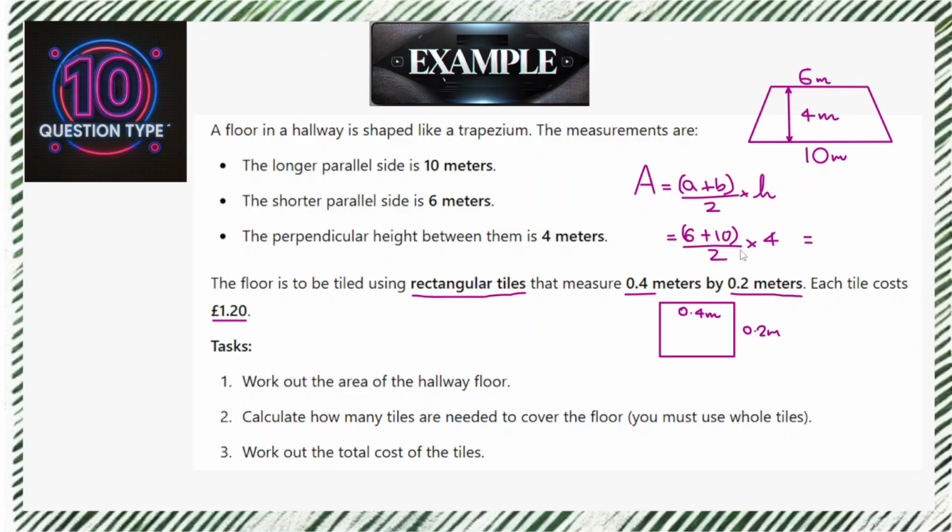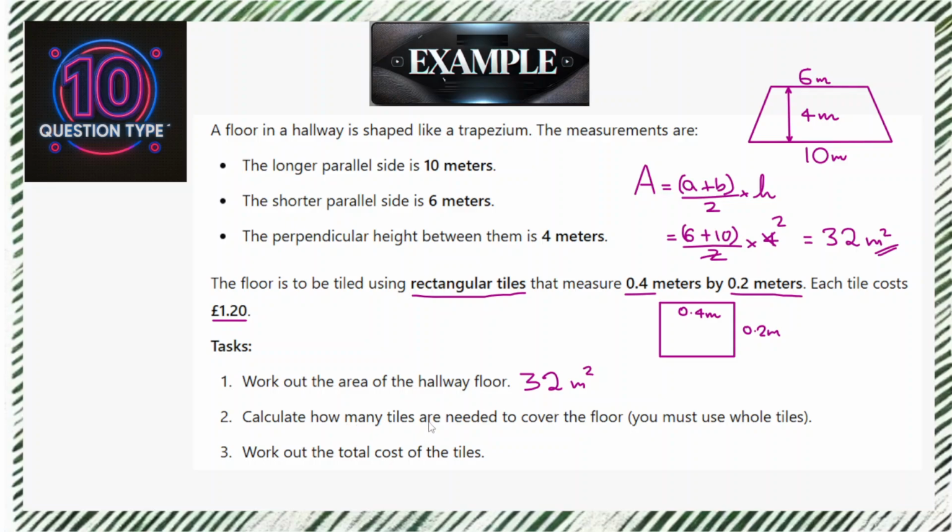Now you can simplify this. 4 divided by 2 is 2. 16 times 2 will be 32 square meters. So the area of the hallway's floor is 32 meters squared.